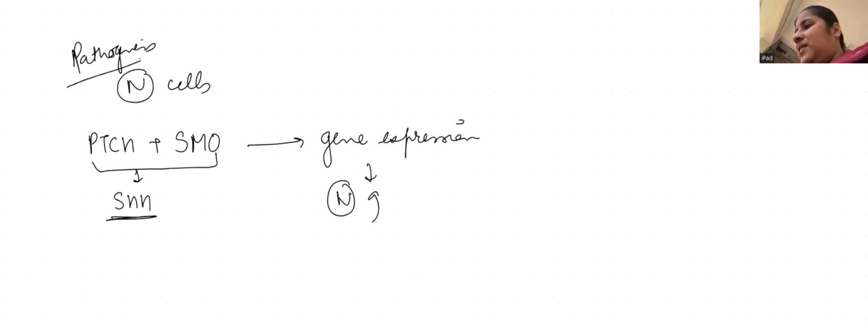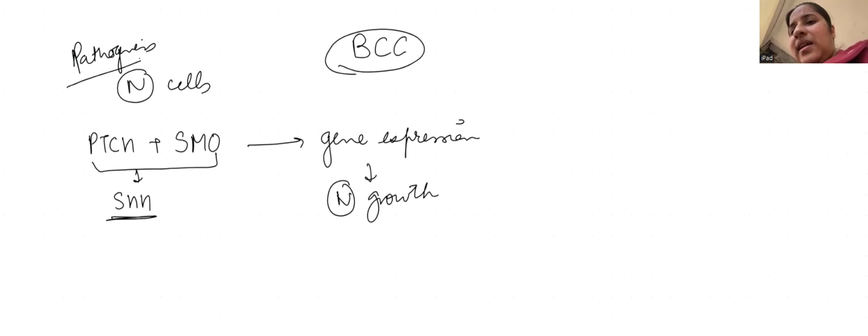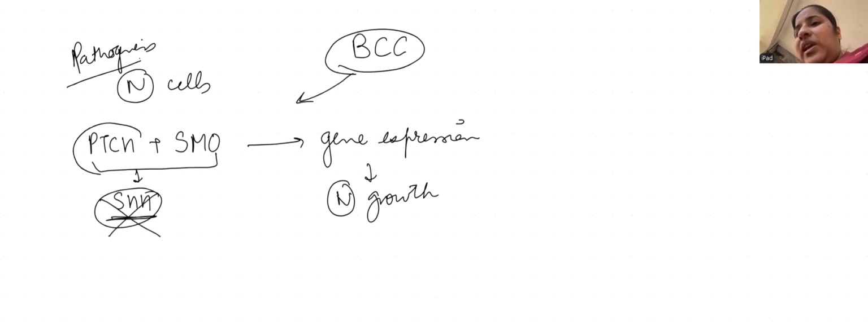But what happens in BCC? In BCC, this SHH is not there. So there is PTCH and there is unregulated proliferation of the SMO.